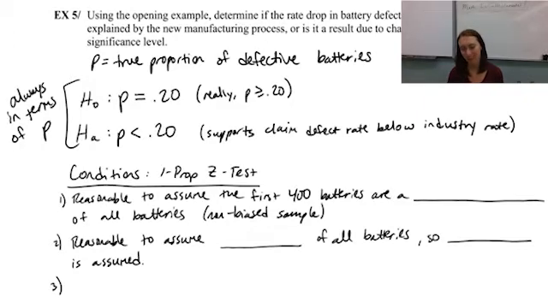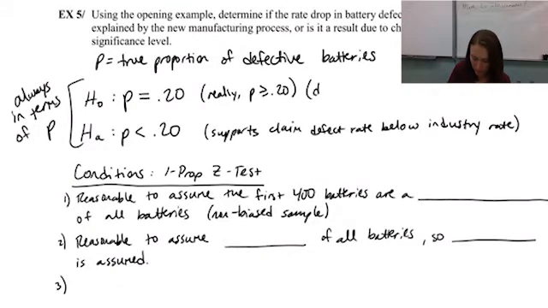So it's kind of tricky. You can write greater than or equal to, but it's better to just write equals. And when you see a problem that already has the hypothesis statements written, it's almost always just an equal sign, but it doesn't mean that it's only equals. It's the opposite direction of the alternative hypothesis as well. So this does not support the claim.